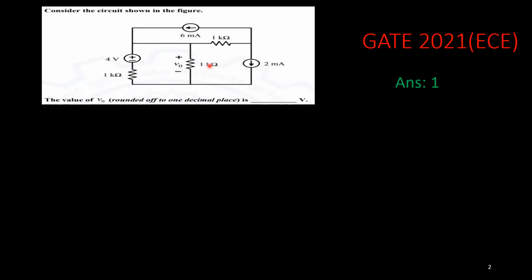Now here we need to find the potential across this 1 kilo ohm resistance, that is your V naught. So we need to find out this potential.